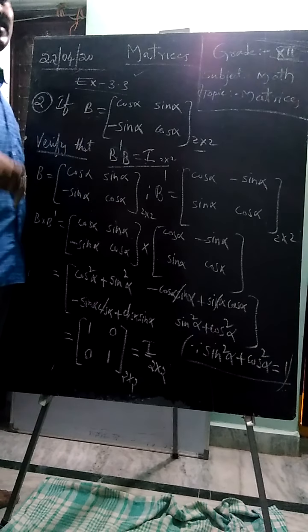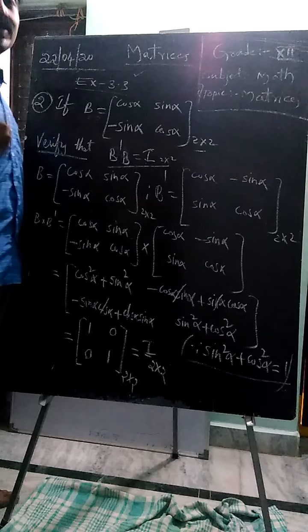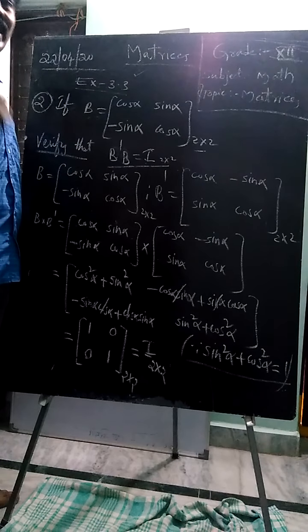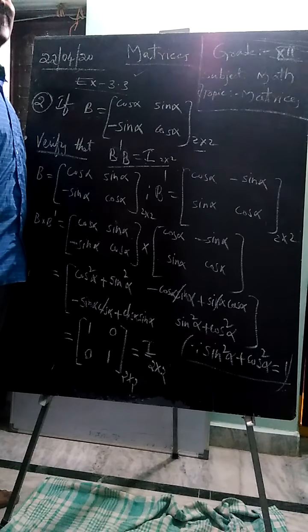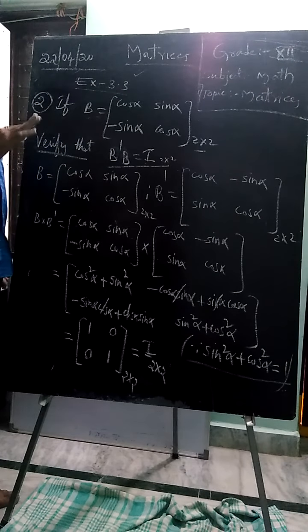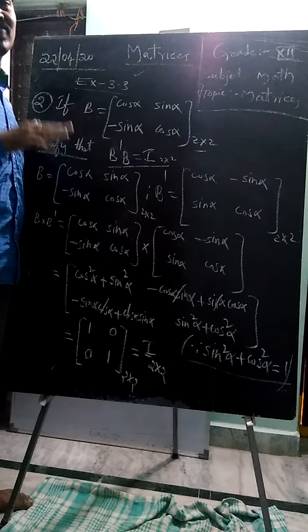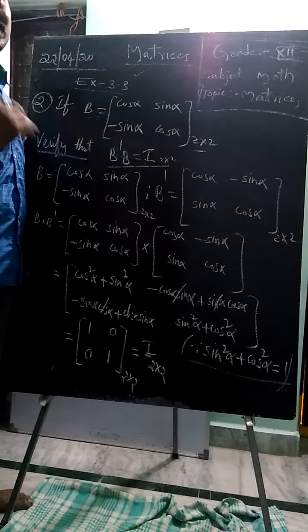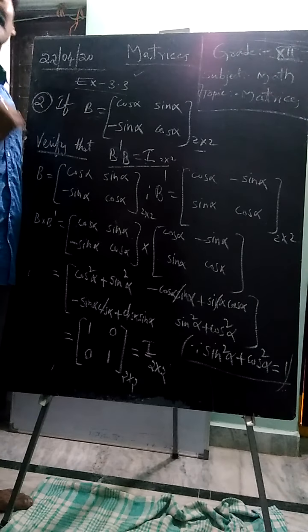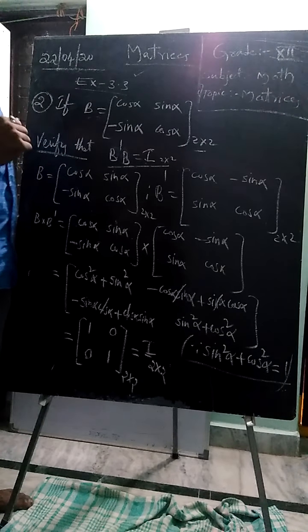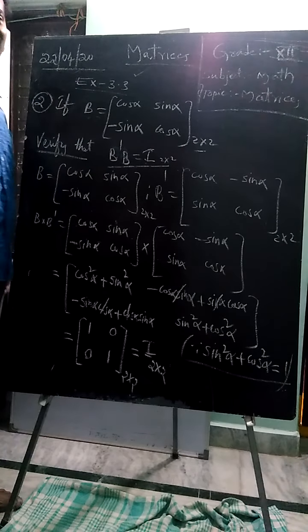Secant square alpha minus tan square alpha is equal to 1. Third identity, cosecant square alpha minus cot square alpha is equal to 1. These are all the applications you learned on transformations of matrices. Let us discuss some operations on transformation of matrices with examples.